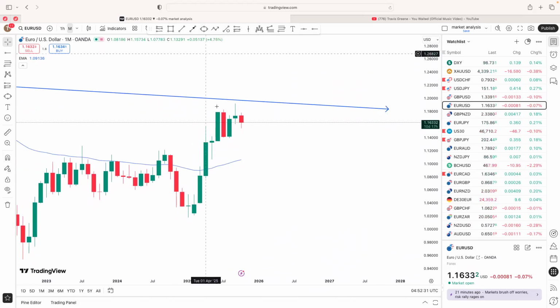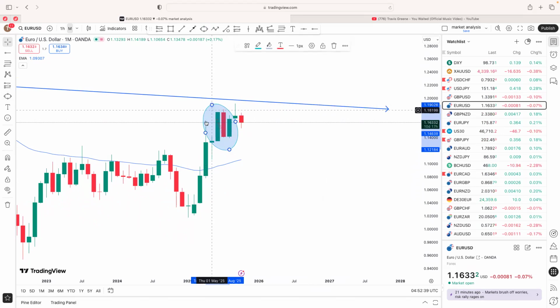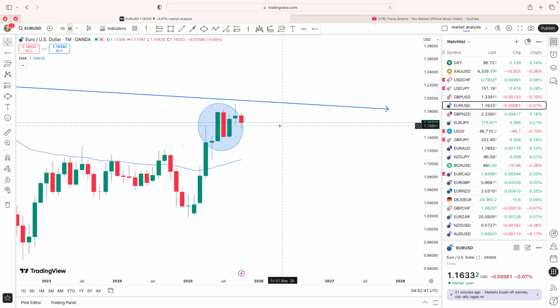Tweezer tops symbolize a change of character if they are formed at the right area of interest, not just anywhere you can find them in the market. Tweezer tops are like twins. These are the two candlesticks, this bullish candlestick and this bearish candlestick. The bearish candlestick that opposes the bullish candlestick completes the tweezer top that we've had.